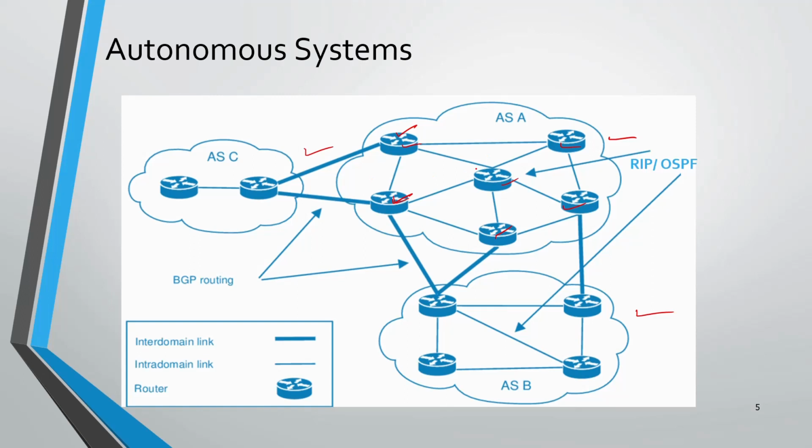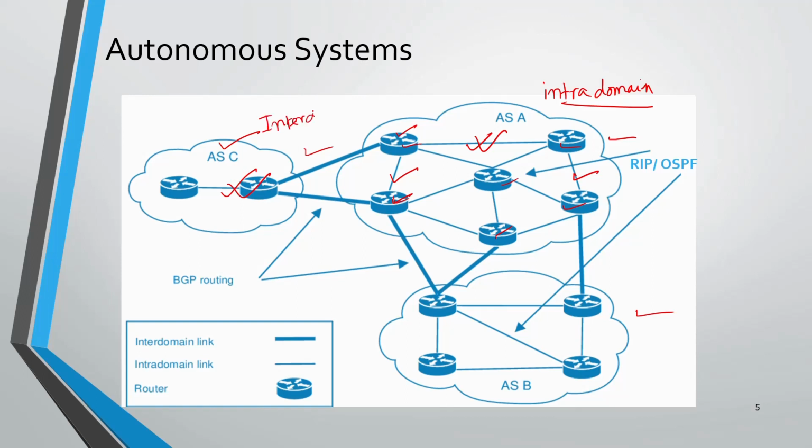If I communicate within the autonomous system, suppose from this network to this network, that is called intra-domain routing, within the autonomous system. And if I communicate from one autonomous system to another, suppose from autonomous system C to autonomous system A, from this network to this network, that is called inter-domain routing.